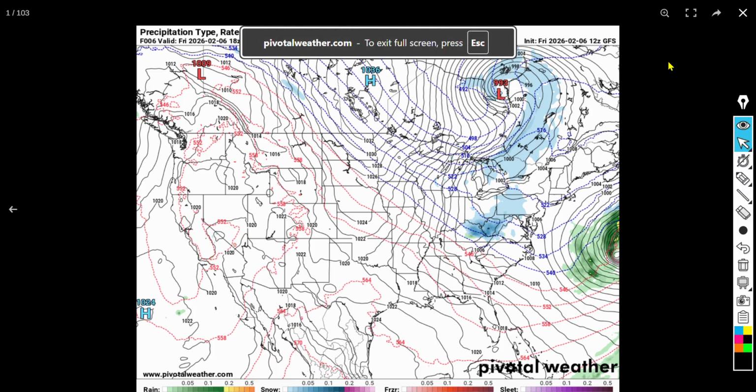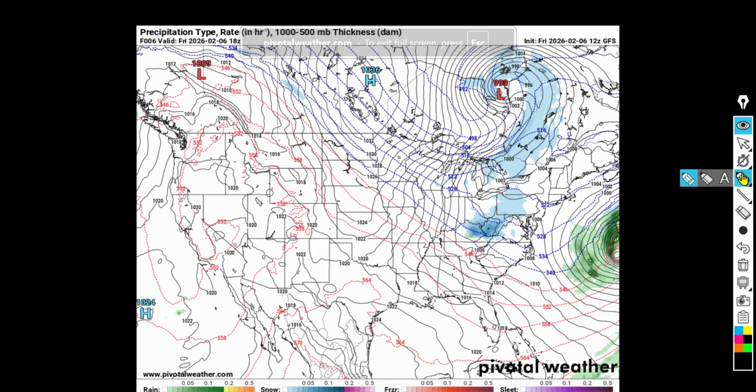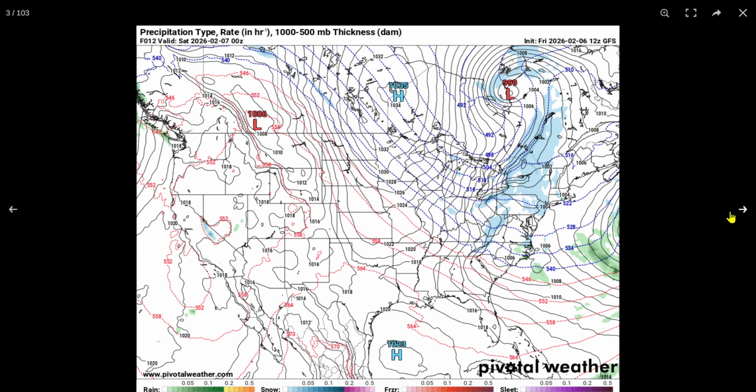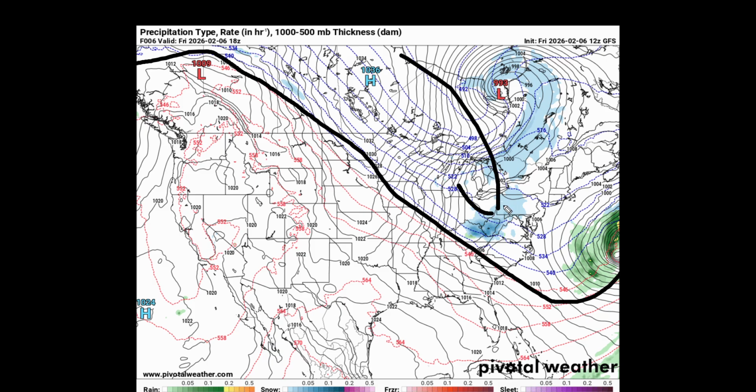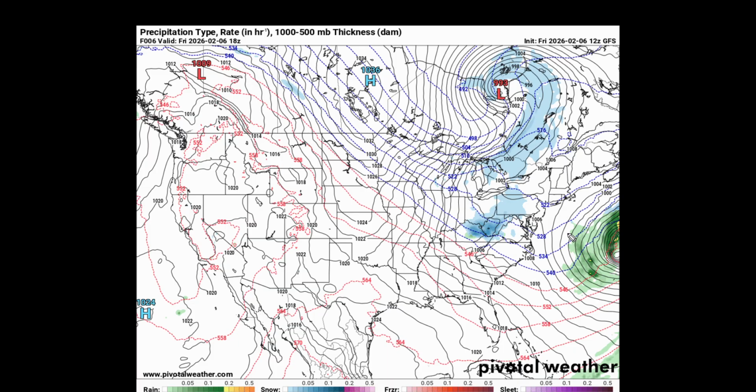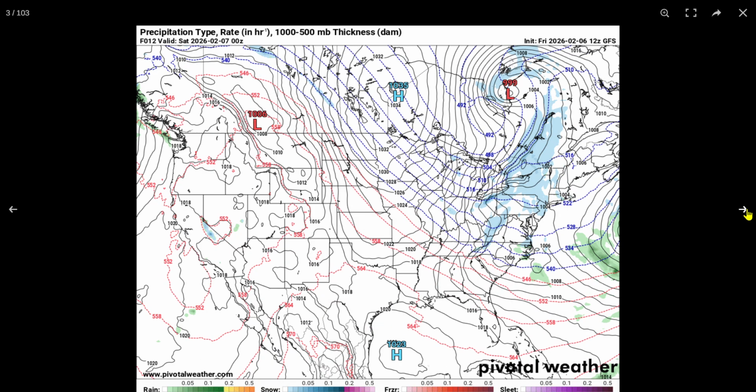So here we have the GFS model, and it's going to take us through the current pattern. We have this ridge in the west, trough out in the east, and this is bringing some really cooler temperatures into the eastern United States. And we have this system move offshore with that.